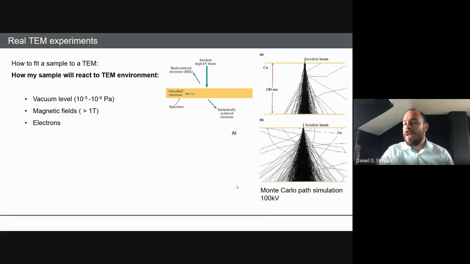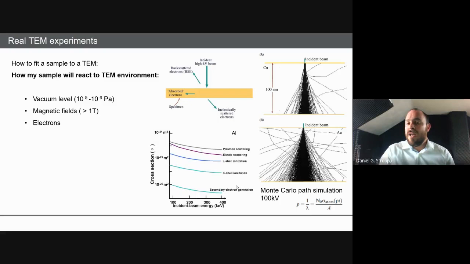The idea is, the electrons go through the sample, the electrons like to interact, and the sample is going to suffer. In practice, what you see are effects like radiolysis. Radiolysis is basically you're breaking bonds. It's most common in organic materials, where you're breaking carbon-to-carbon bonds and changing the structure of the material.